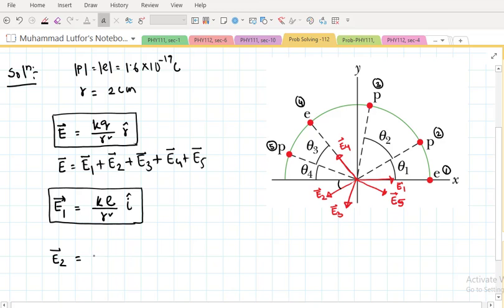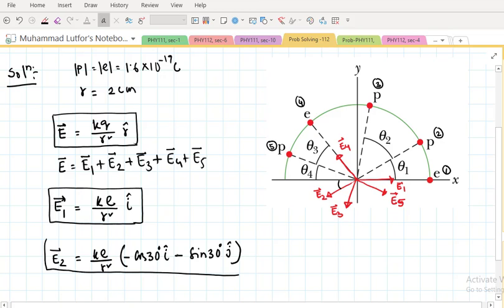So I can write this as kE over r square into minus cos 30 degrees i hat minus sin 30 degrees j hat. I just split that vector: one component towards the negative x direction, with cosine 30, and the other minus sine 30. So this is the vector electric field E2 created by particle 2, the proton.